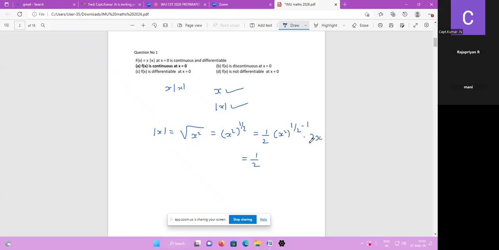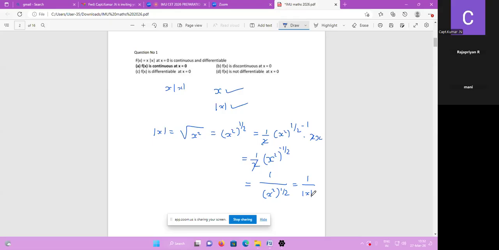Differentiating x squared gives 2x. So this 2 and this 2 get cancelled. So I have x squared whole power minus 1 by 2, which is nothing but 1 divided by x squared power 1 by 2, which is nothing but 1 divided by mod x.